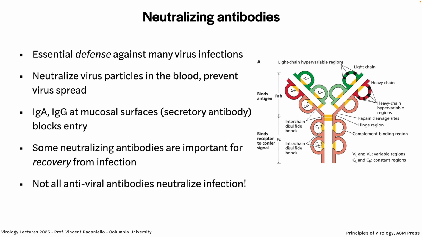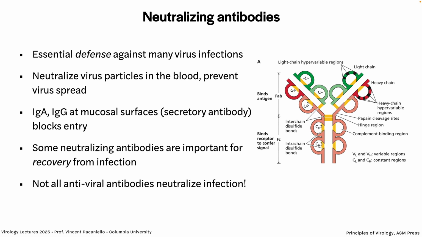All right, what do antibodies do? One thing is they neutralize virus infection. So in the blood or in the mucosa, they can bind to the virus particle and prevent it from infecting, and that can be done by IgG or IgA. And we often say that antibodies are important for reducing the initial infection, not prevent it, because unless you have a very high titer of antibodies in the upper tract, you're not going to prevent it.